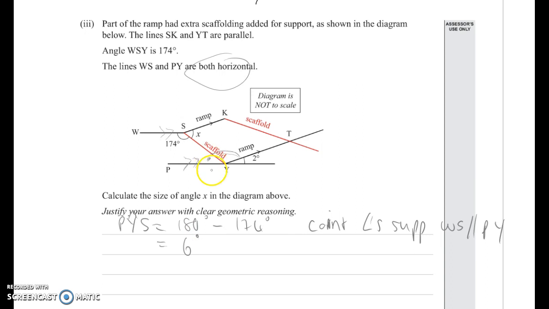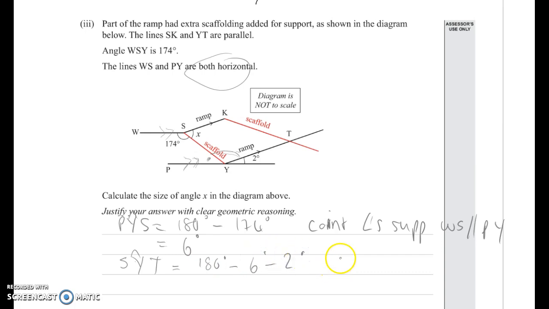And so if that's 6 degrees, then SYT, this angle here, SYT equals 180 degrees minus 6 minus 2.